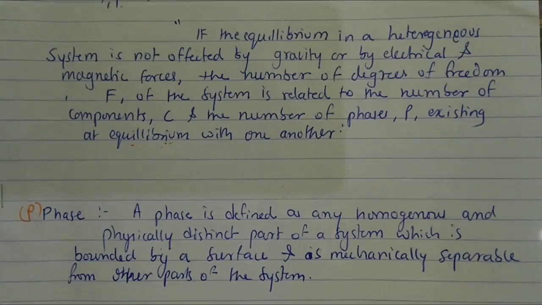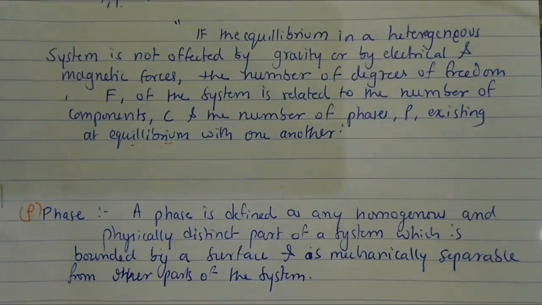To understand this definition, consider the example of ice in water. Ice is a solid and water is a liquid. If you see, ice is separated from water, it will float, or you can easily see the solid in water.